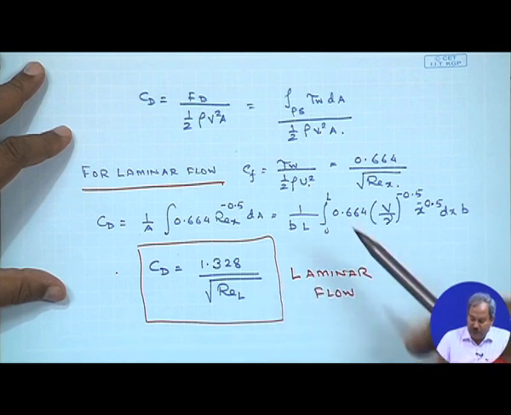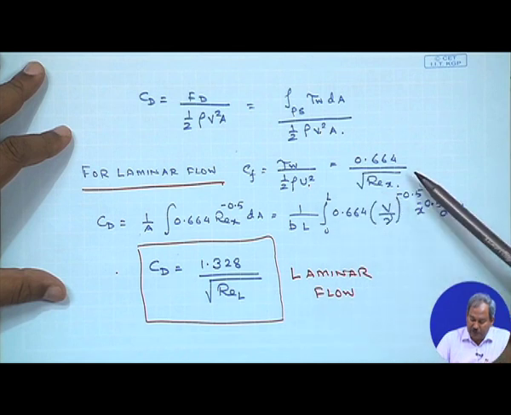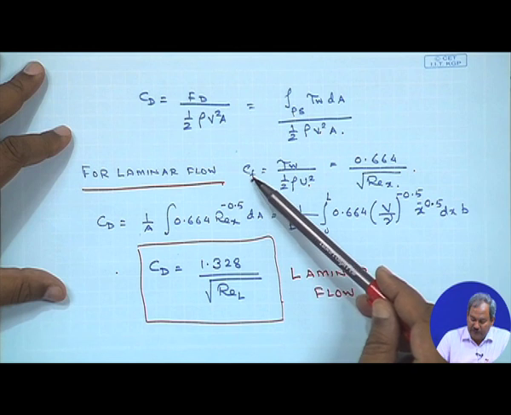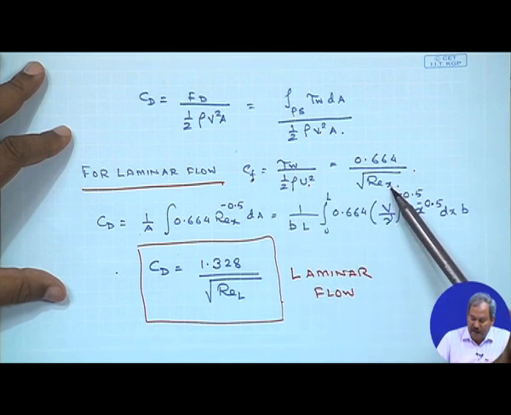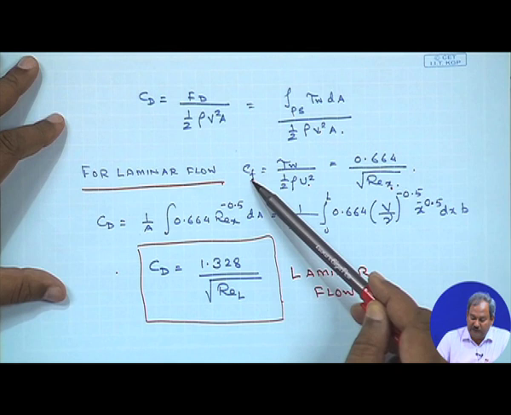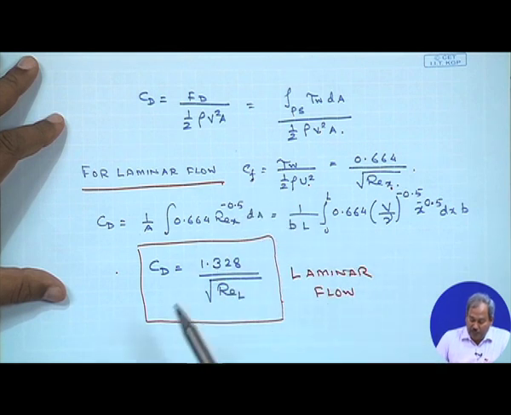Note the difference between the expression of Cf and CD. Cf is the friction coefficient at a specific x. The subscript of Reynolds number is x, so it's Rex. So depending on the location of the point, the value of Cf would be different. But if you look over here, the CD expression contains REL.